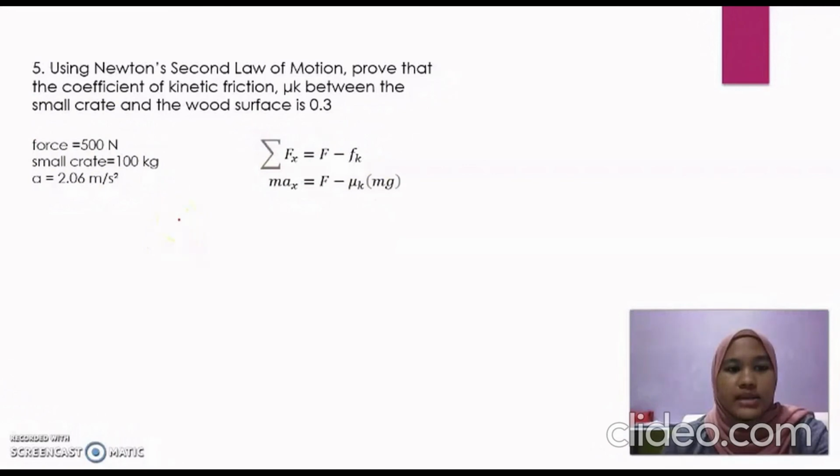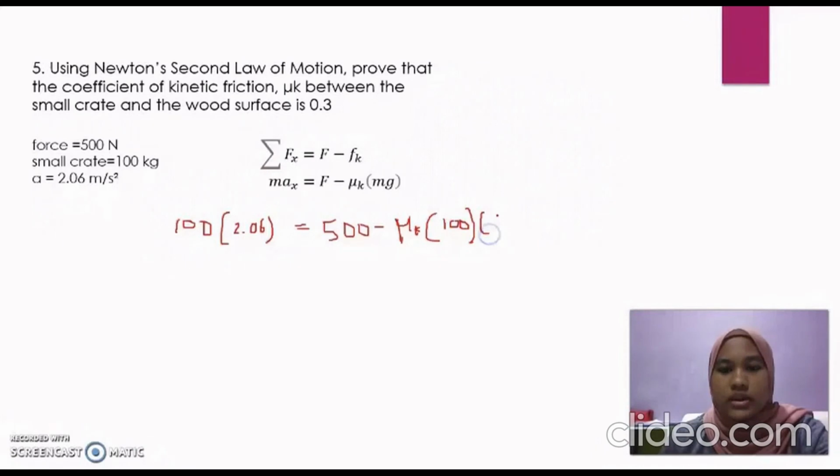So mass, 100, times a, 2.06, equals the force, here we have 500, minus the kinetic friction times m times g.